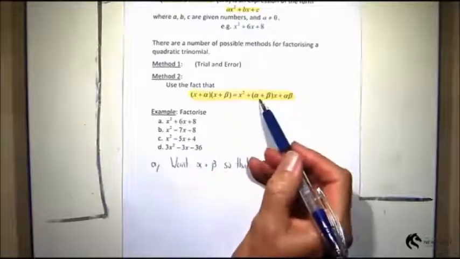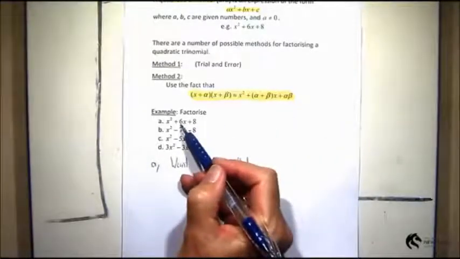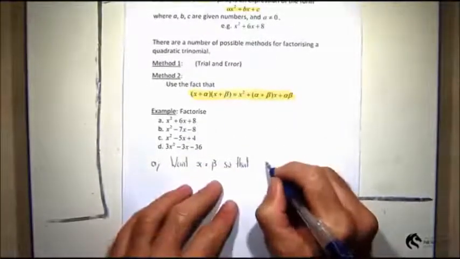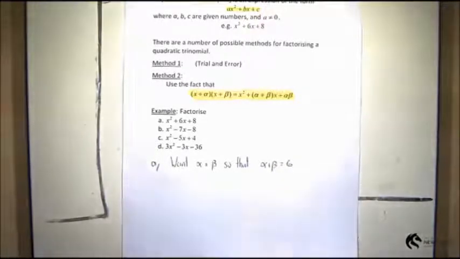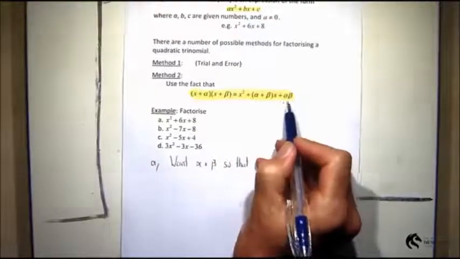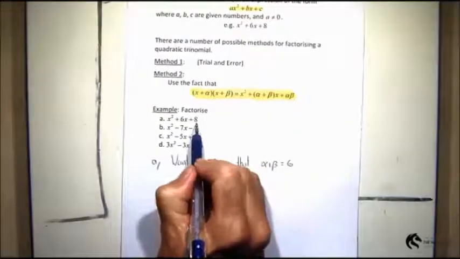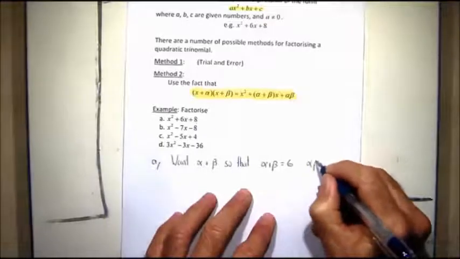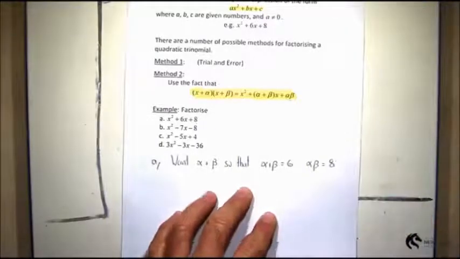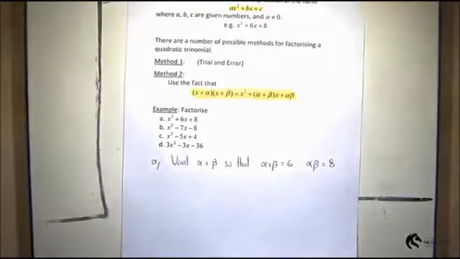So I want alpha plus beta to be 6, and I want alpha times beta to be 8. So I want two numbers that multiply to 8 and add to 6.